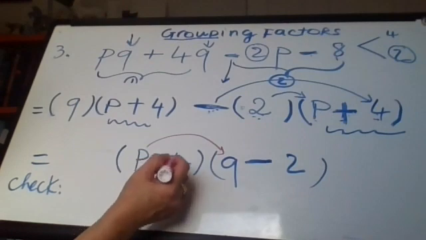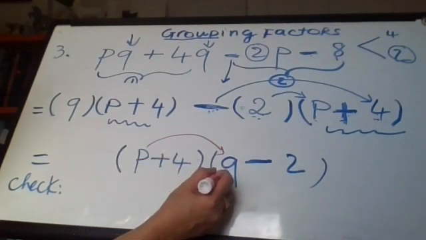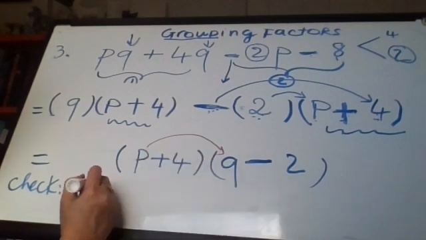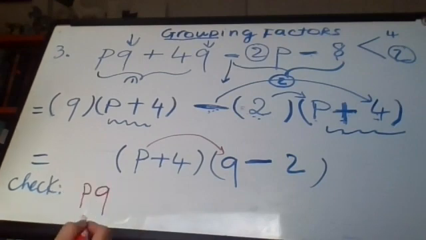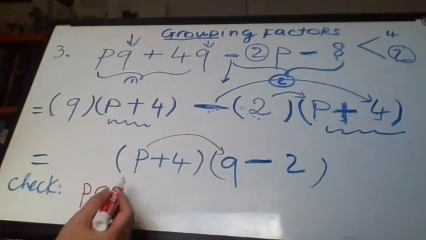First item from the first bracket, times the first item from the second bracket. P times Q is PQ. Put them together because they're letters. We don't know what numbers they are. The only way when you multiply them is to put them together. When they're side by side, it means they're times together, right?